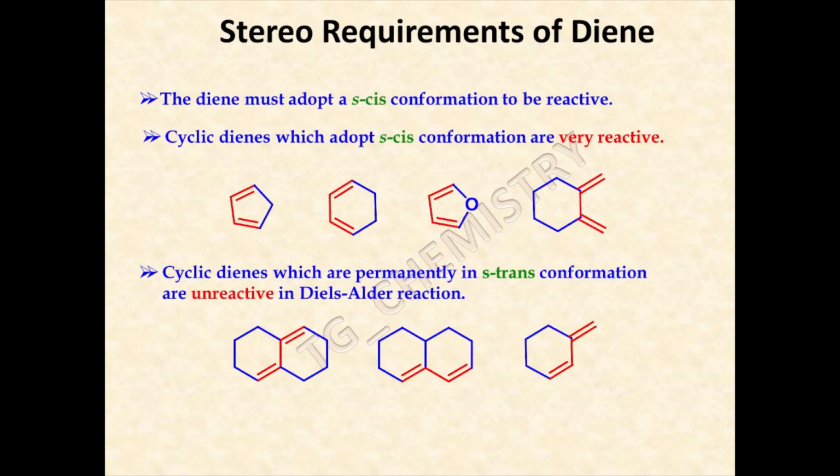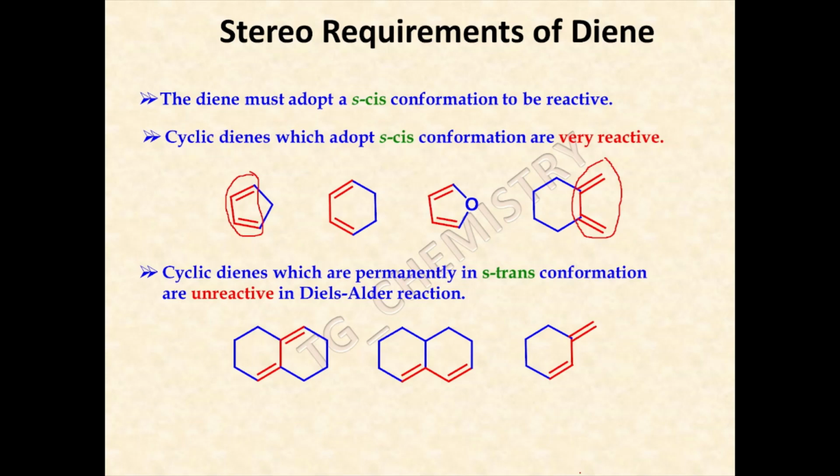Next, I will show some cyclic dienes with S-cis conformation and S-trans conformation. Here you can see the diene has to adopt the S-cis conformation for reactivity, and these are examples of cyclic dienes. You can see all the diene systems are in the S-cis form, even the exocyclic diene as well.